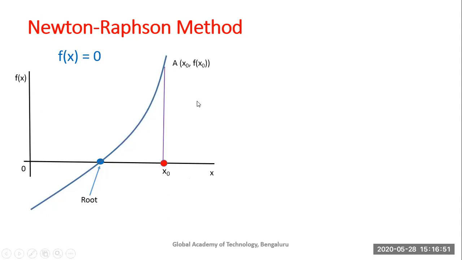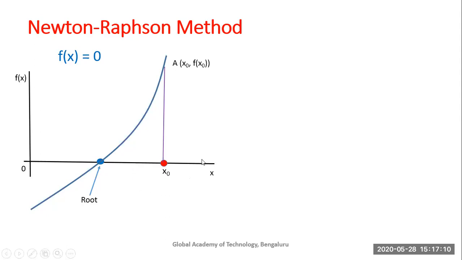What we did in the regular false position method is, we find the interval in which the root lies, then we take corresponding points on the curve and we draw the chord. But usually the chord moves a little slow compared to the tangent. So the tangent is a little faster.